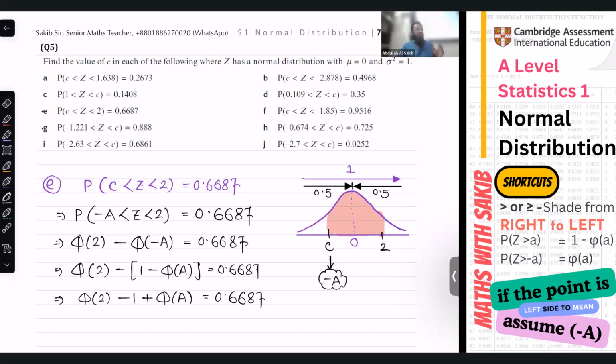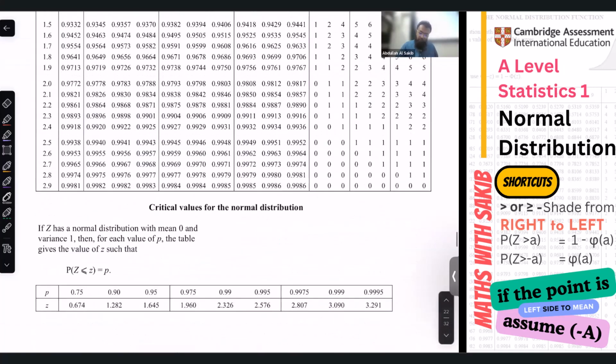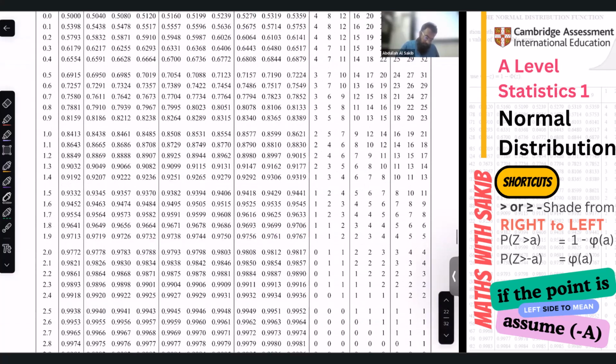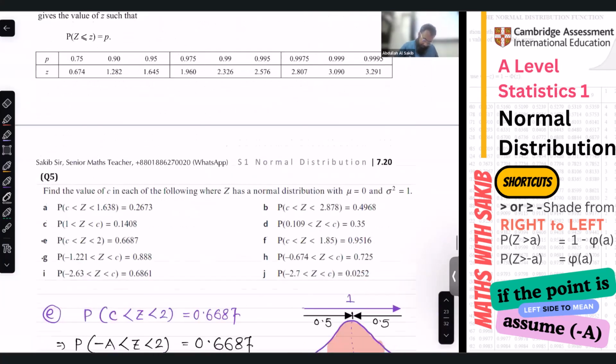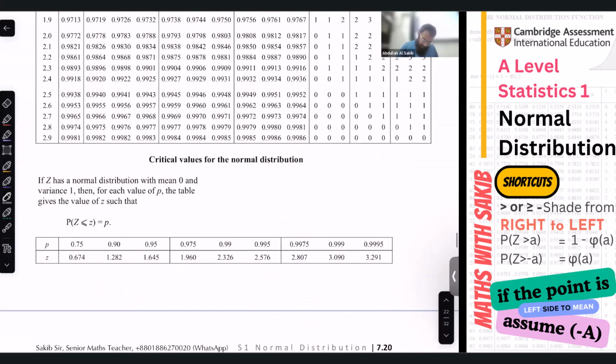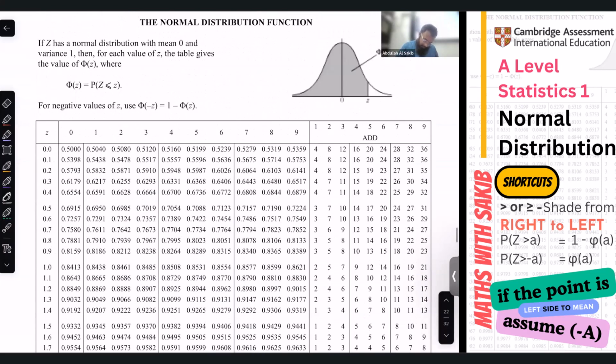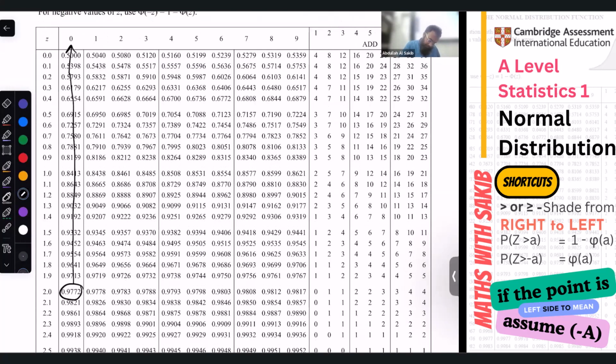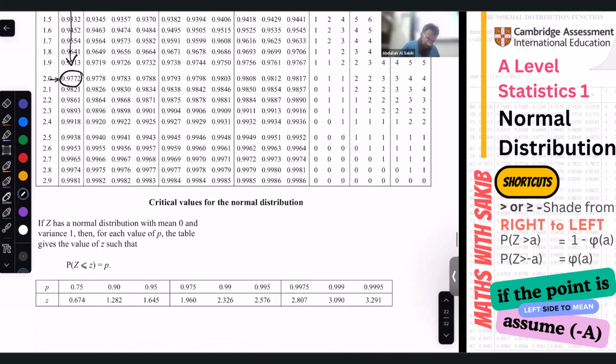Clear? The probability up to 2. So let's find the probability up to 2. 2 means 2.0. Clear? So this is our 2.0. That is 0.9772. Clear? The value of phi 2 is 0.9772.